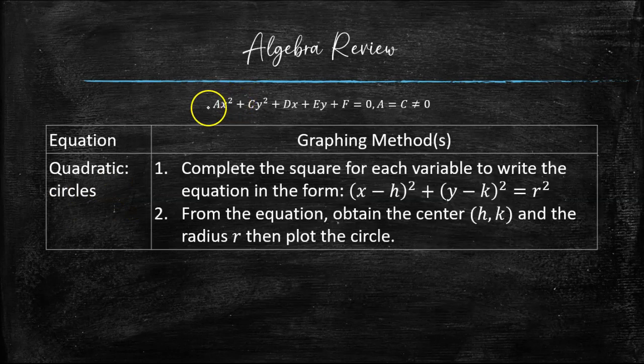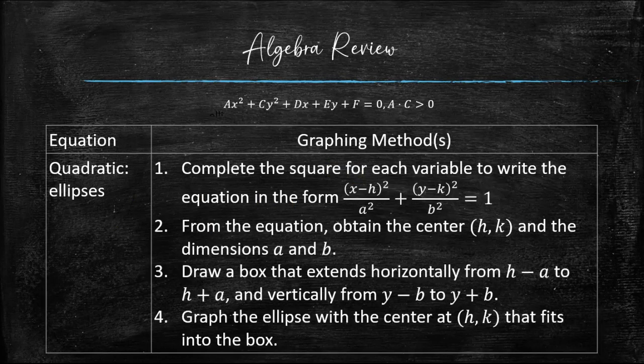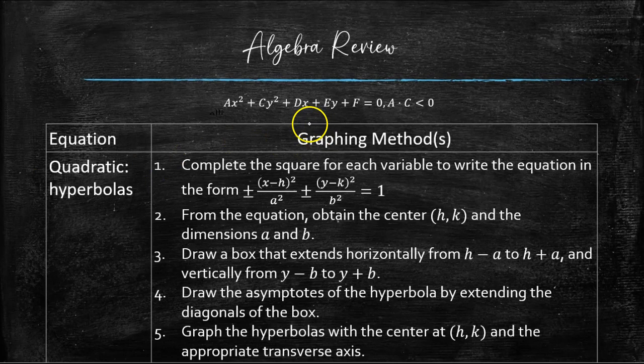You can also solve this quadratic equation, the solution of which is a circle, by following these steps. You also learned how to graph ellipses and hyperbolas, but those are just different shapes of a solution set for quadratic equations that look like this.